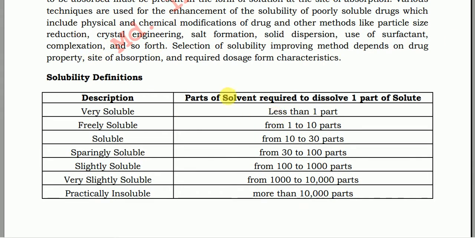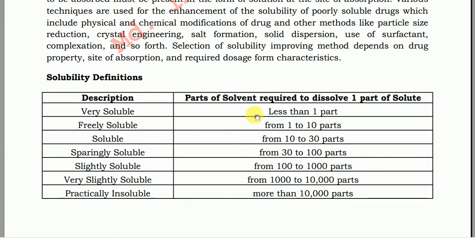Very soluble: one part of solute requires less than one part of solvent to dissolve. For example, if 1 gram of liquid water is enough to dissolve 1 gram of sugar, then we will say that sugar is very soluble.